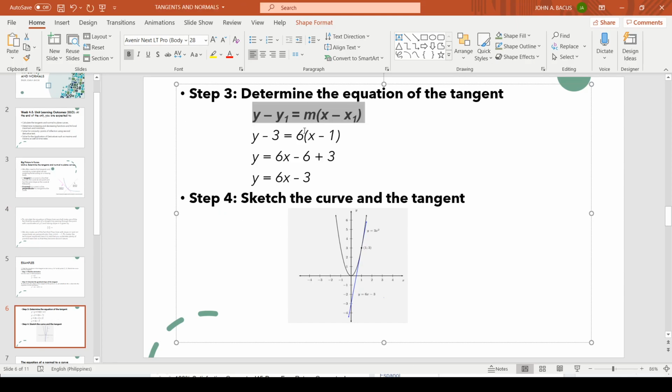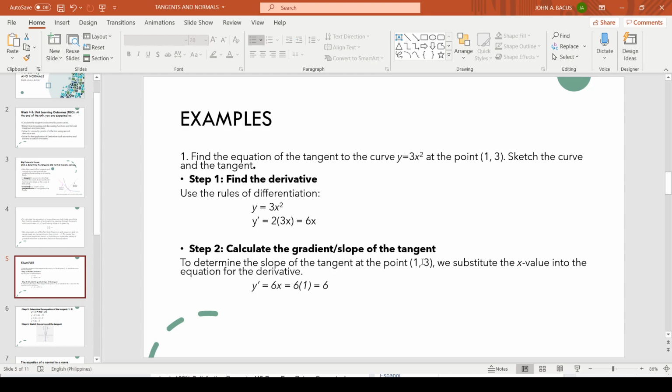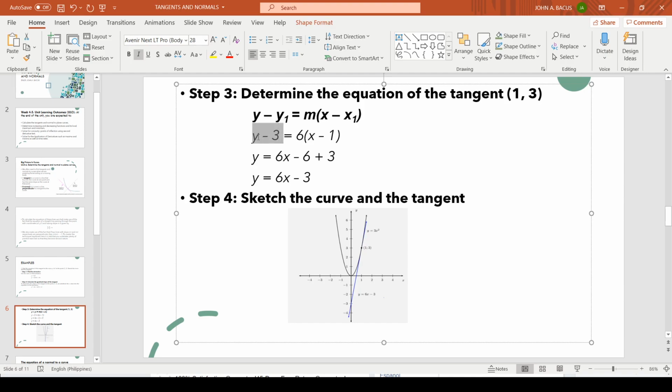Okay, so simply substitute. You were given the points 1 and 3, so you have x which is 1 and y which is 3. So, (1, 3). Given already. So you have y minus y sub 1, which is 3. Okay? Y sub 1 is a point on your line.